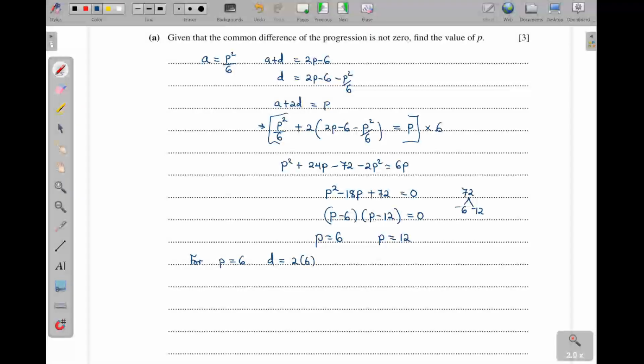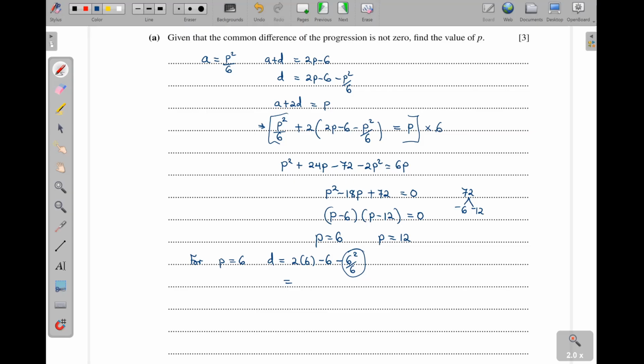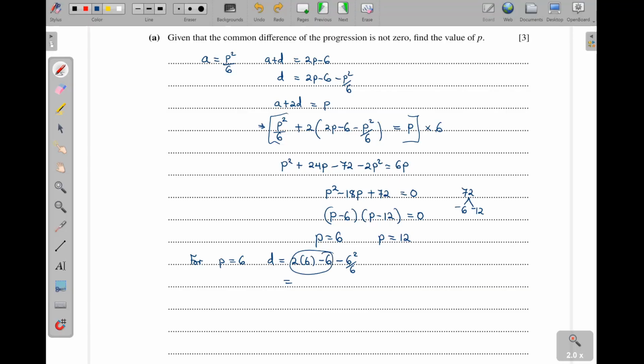So we shall have 2 times 6, then minus 6, then minus 6 squared over 6. This is 12 minus 6, that will be 6. And then here we shall get also a 6. That means if you have 6 minus 6, that is a 0.